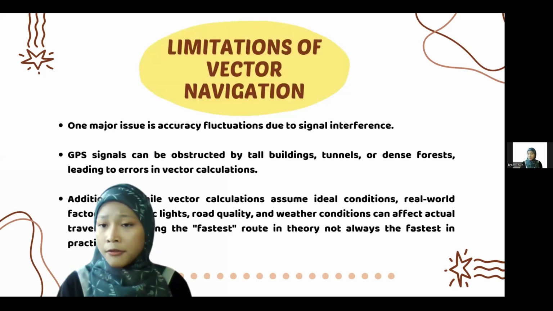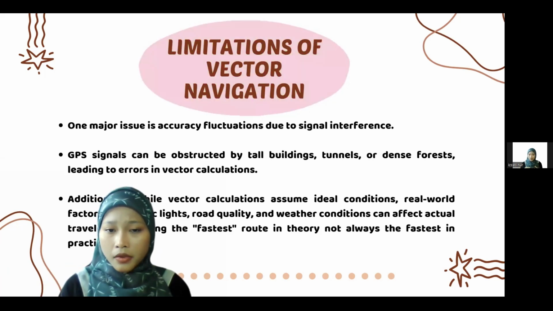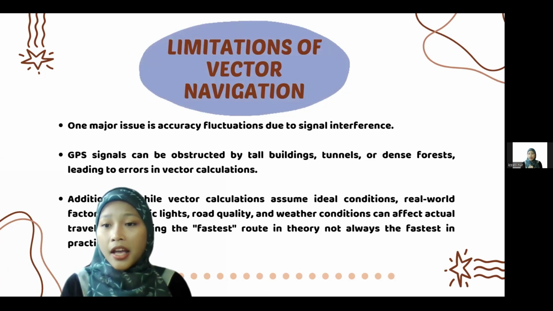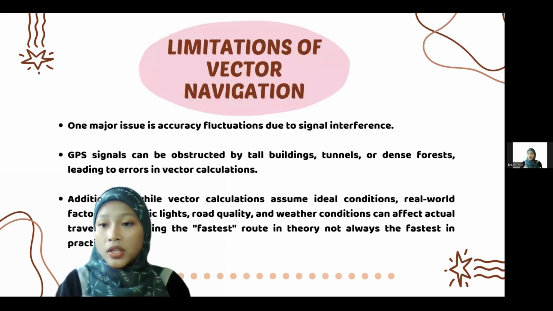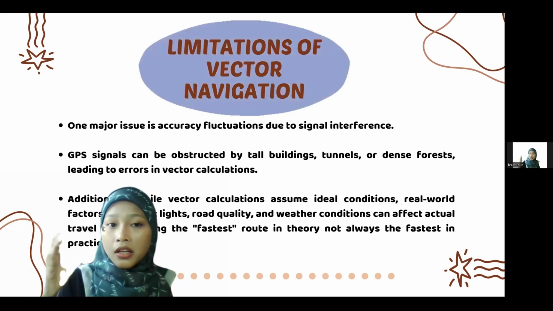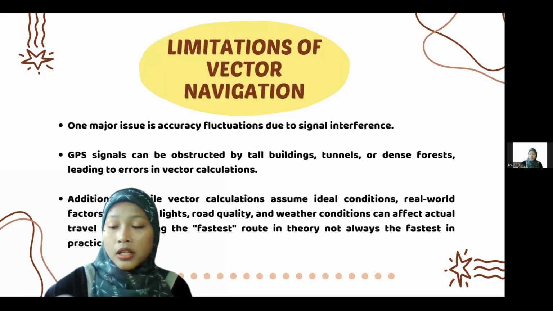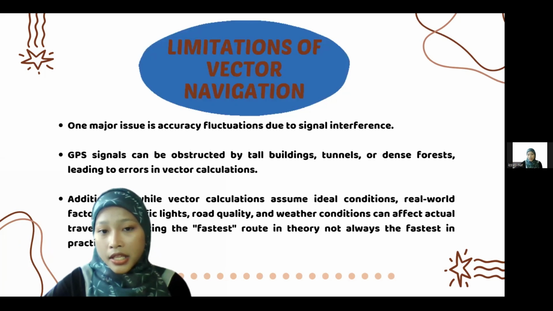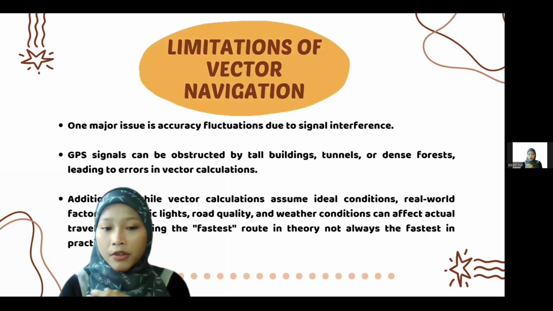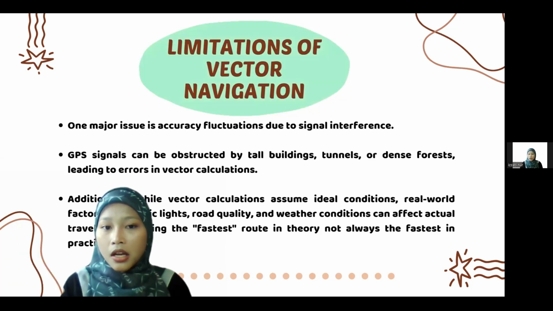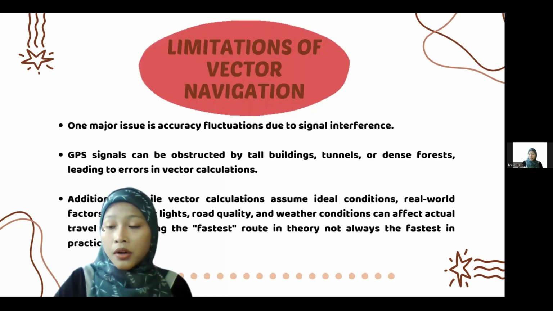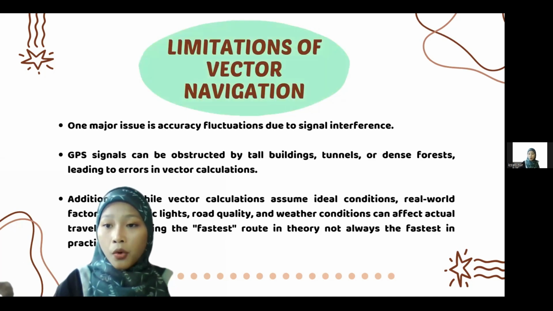So the time told by the GPS is not always the right time we will take to arrive at our destination, because sometimes the traffic lights, the road quality itself, or the weather conditions will make the time we take to arrive at the destination longer.